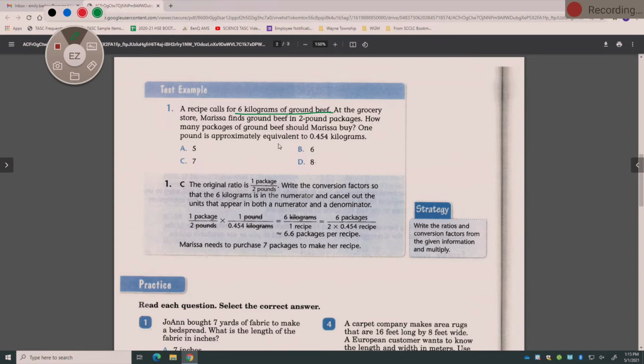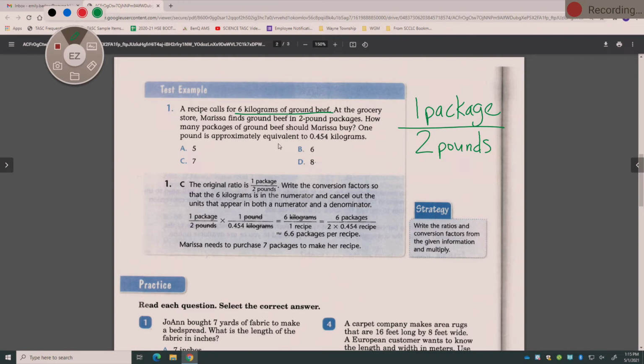So 1 package holds 2 pounds. And I'm eventually wanting to get to packages per recipe, right?